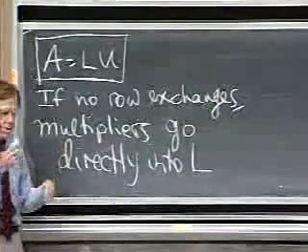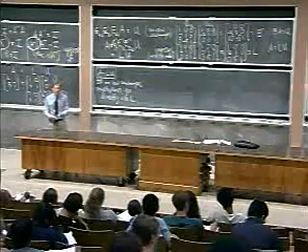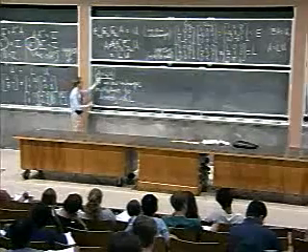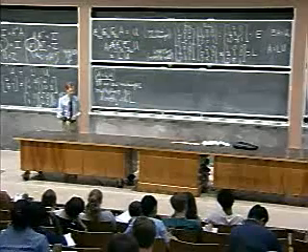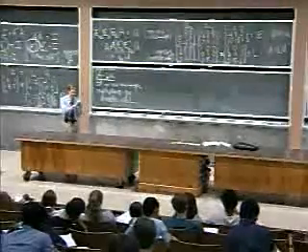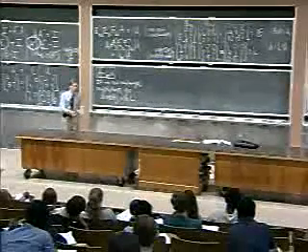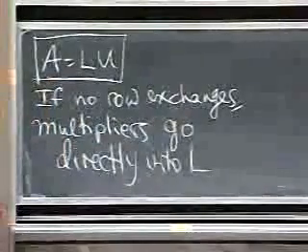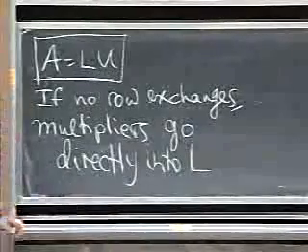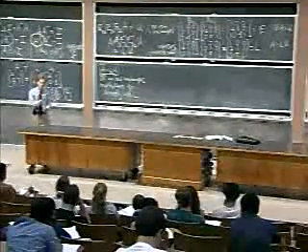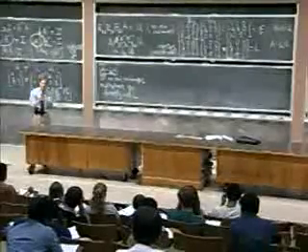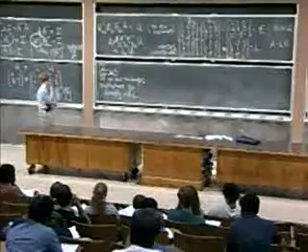You go through the elimination steps, and actually, if you do it right, you can throw away A as you create L and U. If you think about it, those steps of elimination, when you've finished with row 2 of A, you've created a new row 2 of U, which you have to save, and you've created the multipliers that you used, which you have to save, and then you can forget A. Because it's all there in L and U. So that's, I mean, this moment is maybe the new insight in elimination that comes from doing it in matrix form.